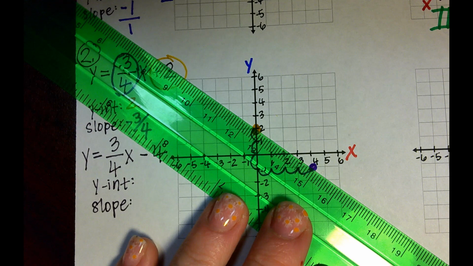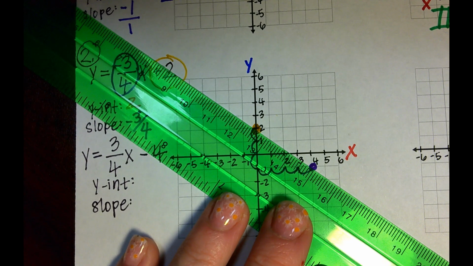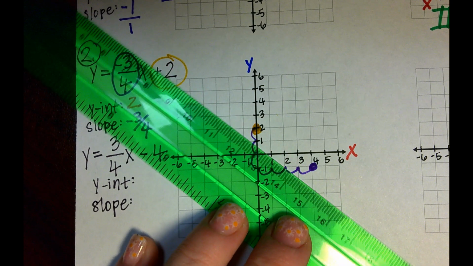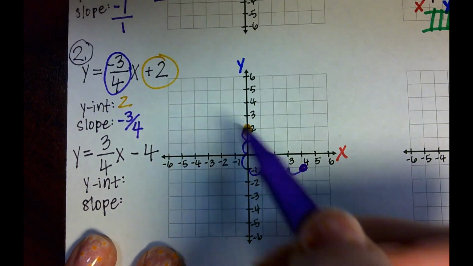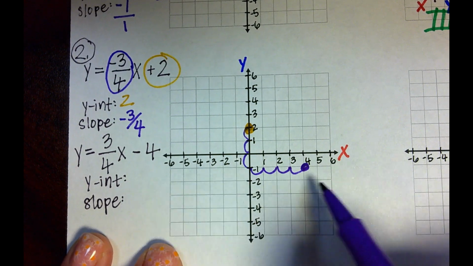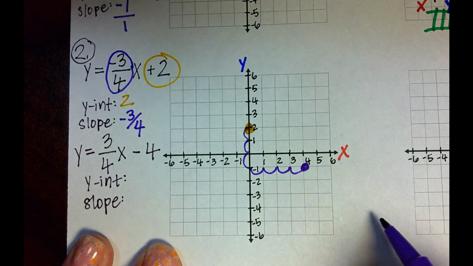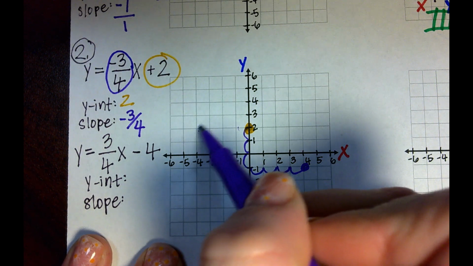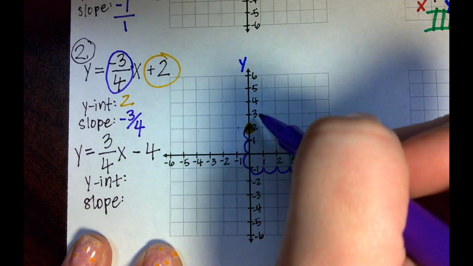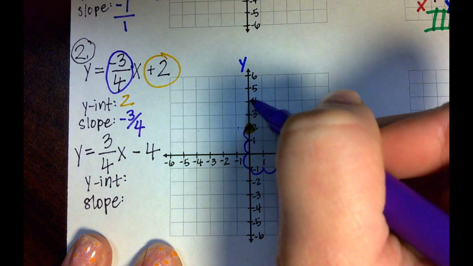And again, it's good to be as precise as possible. And if it helps to give yourself another point, remember you can do the same thing. I'm going down 3 over 4, down 3 over 4. I could also go 1, 2, 3, 4, 1, 2, 3. Let's see, 1, 2, 3.